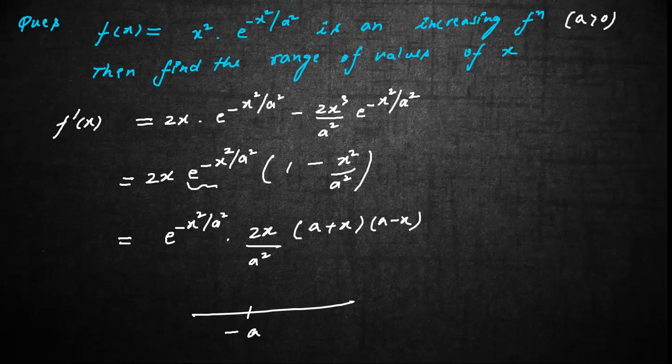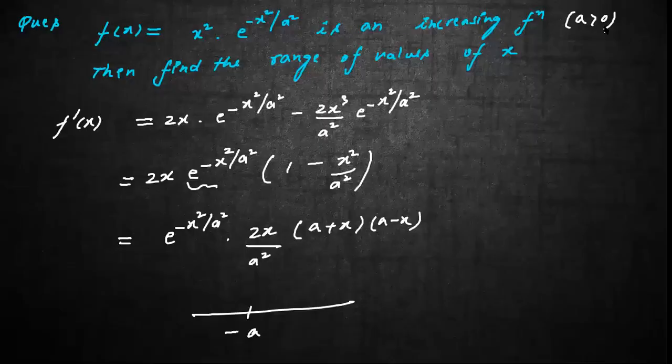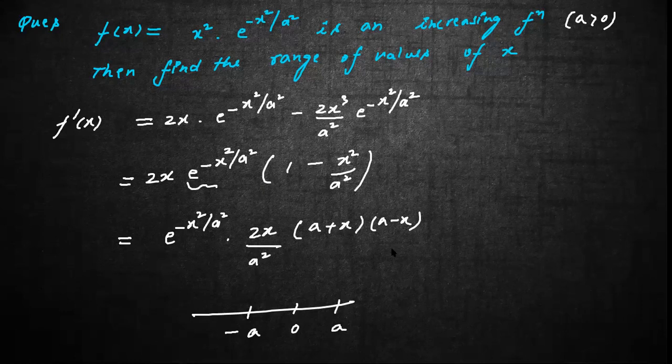Let us say a is positive, so minus a will be less than a. Here we have 0 also. The rest of the things are positive, and here we have a. Now, since the coefficient of x is negative, we can start with negative, plus, minus, plus.